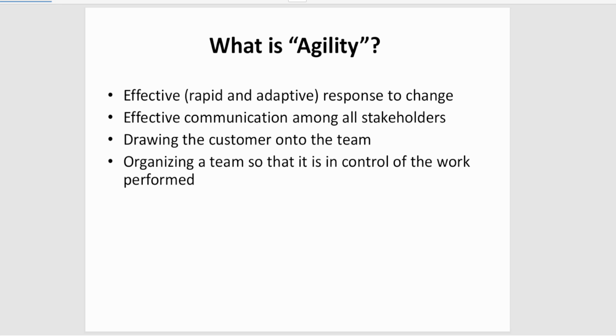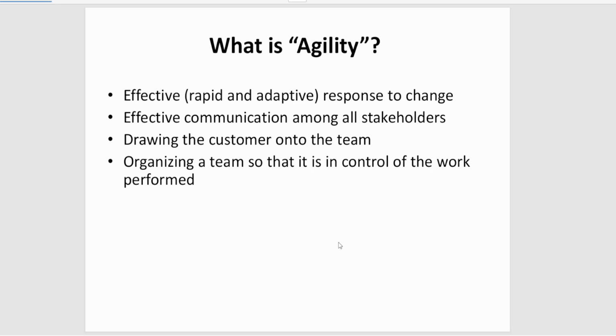Agility is an effective and rapid adaptation and response to change, effective communication among the stakeholders, drawing customers onto the team, and organizing a team so that it is in control of the work performed.